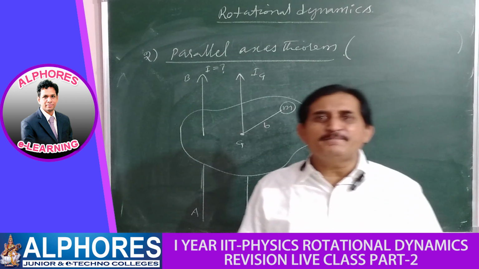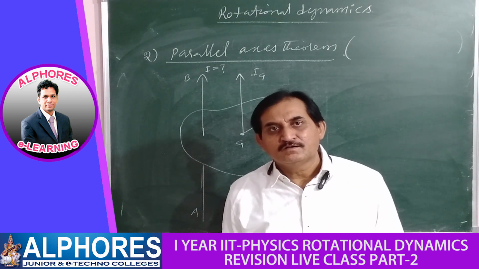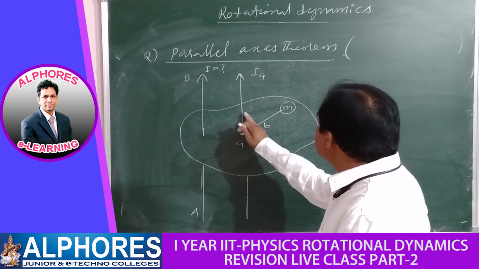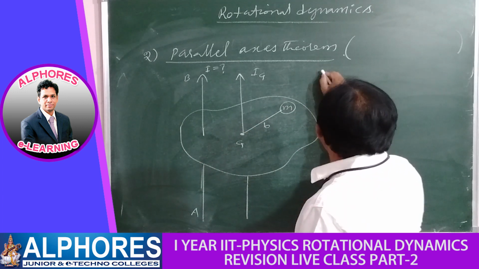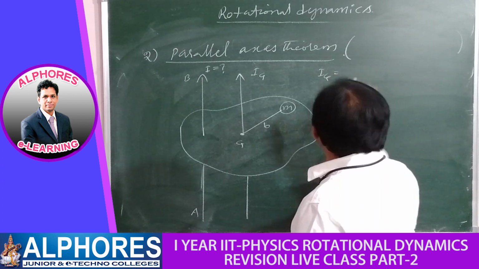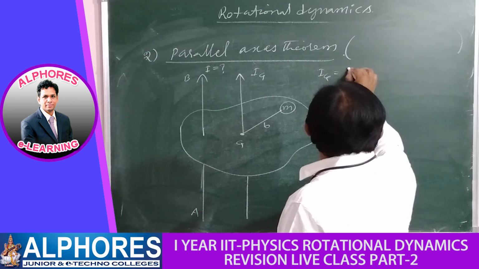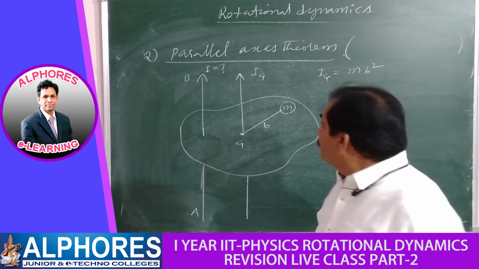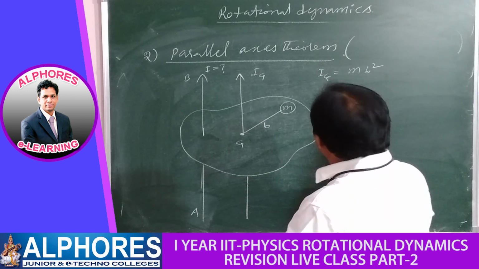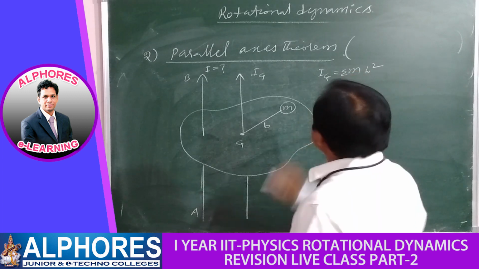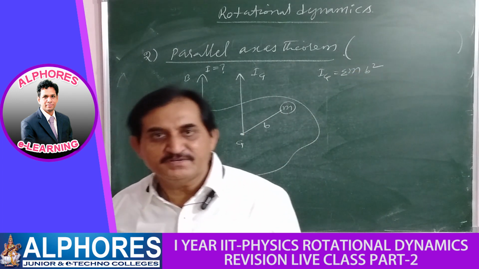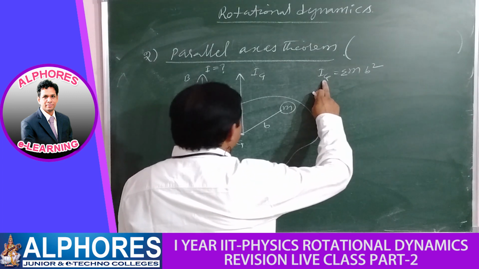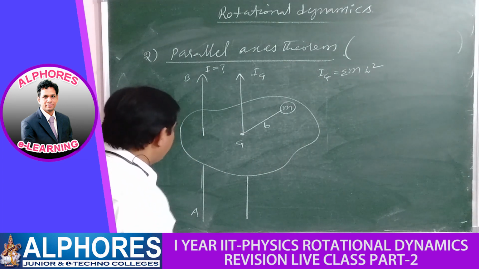As we know, the fundamental for the moment of inertia of this particle about this central axis is m b square. For the whole rigid body, Ig is equal to summation m b square. This is the moment of inertia about the axis passing through the center of gravity.